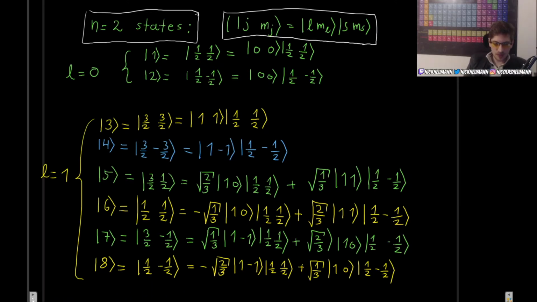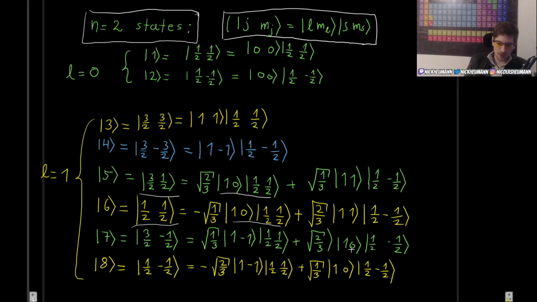There is, however, one thing we have to note, because there are some of these states that might be different states, like 5 and 6, but they have the same substates. That happens with 5 and 6 and 7 and 8. As you can see, this is comprised of the state 1, 0, 1 half, 1 half. And 7 and 8 also have 1, minus 1, 1 half, 1 half.